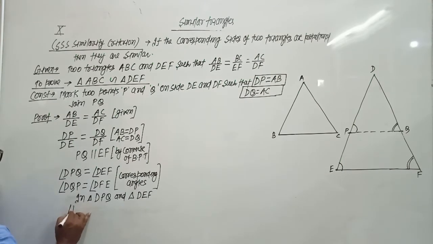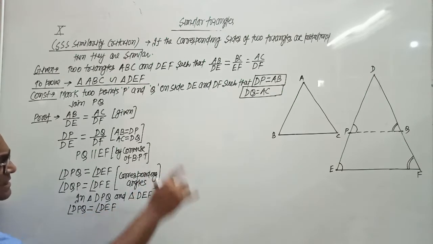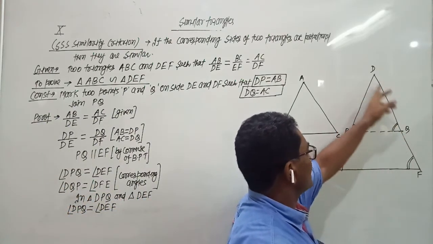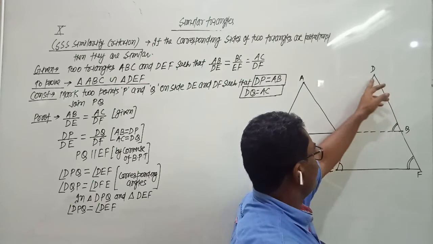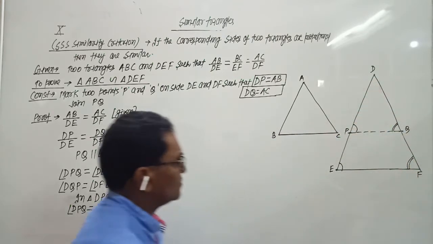So angle DPQ is equal to angle DEF. And in triangle DPQ, angle Q means angle DQP, and in triangle DEF, angle DFE; they are equal.